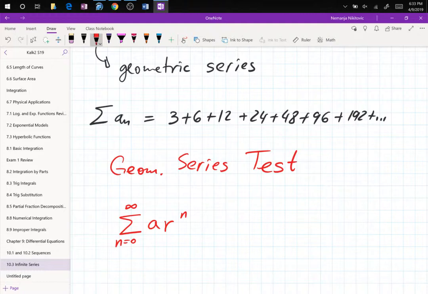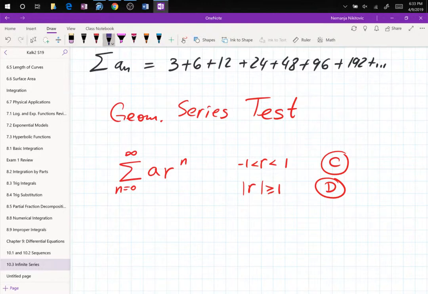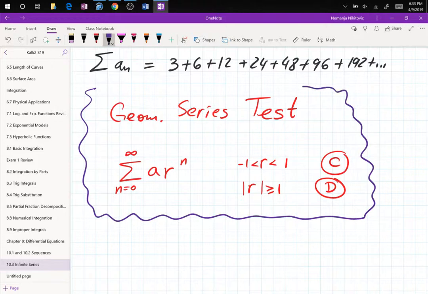So if you have that, you look at the R. If R is in between -1 and 1, you have convergence. If R is outside of these bounds, it diverges. This is called a test. It's on your sheet of paper on the second line.